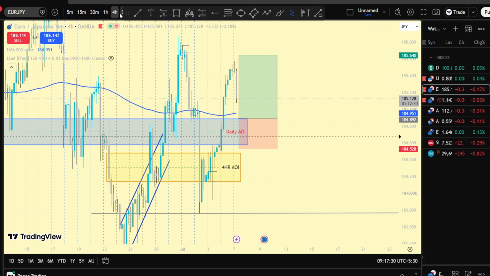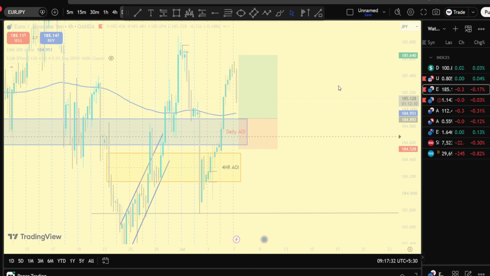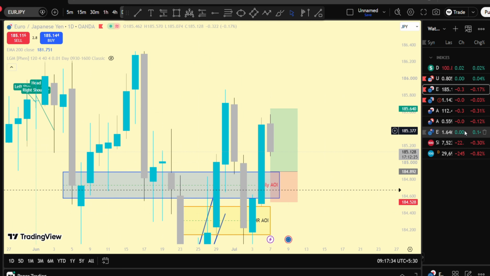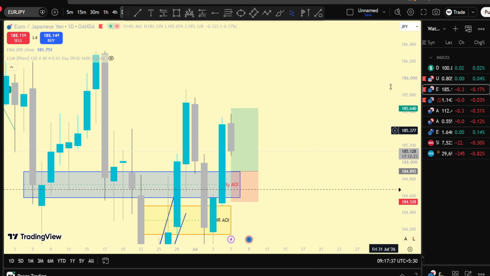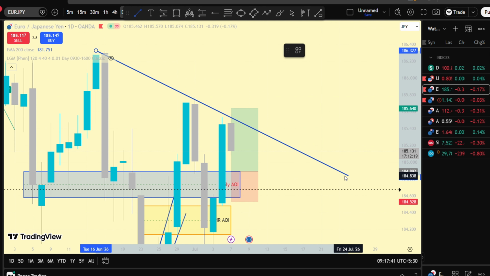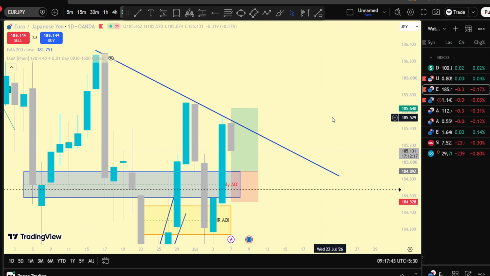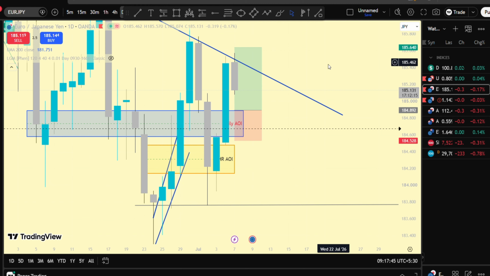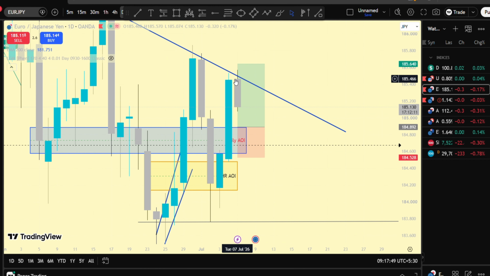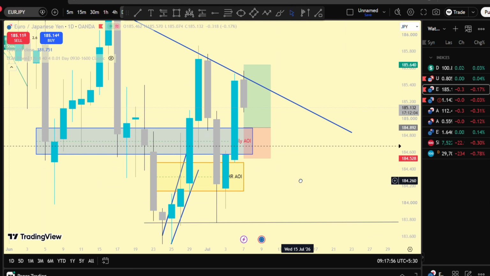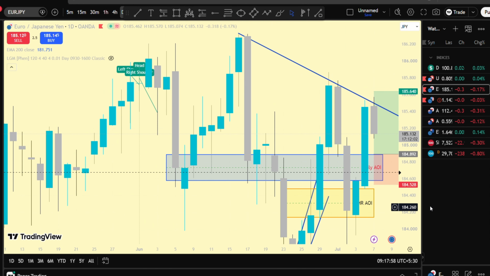Also, if you go to the daily chart, you can see a clear trend right here. So you can even take this trade from here, a sell order, but we are not at the right position at this time, so I'm not going to take the trade.